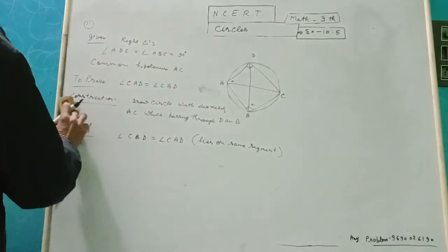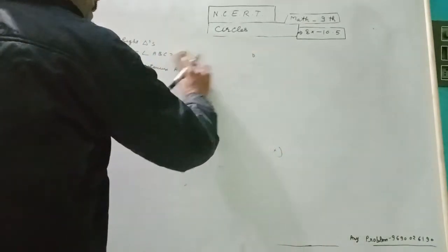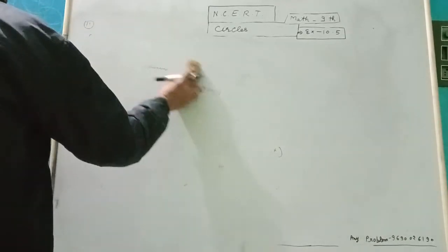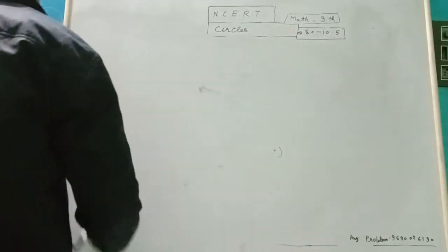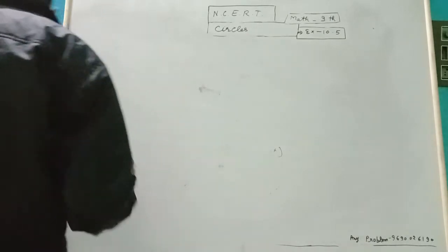Question number 12: a cyclic parallelogram will be a rectangle.